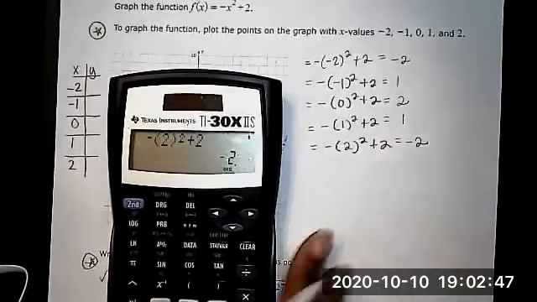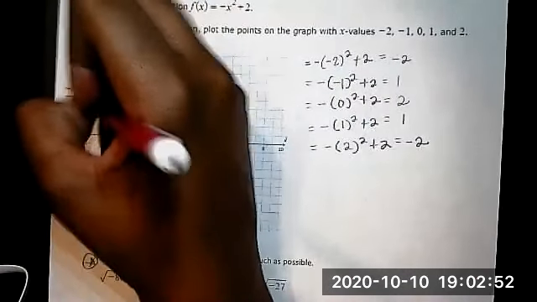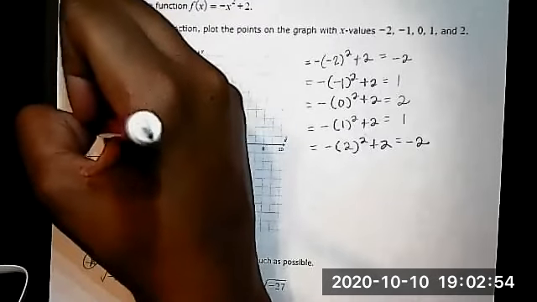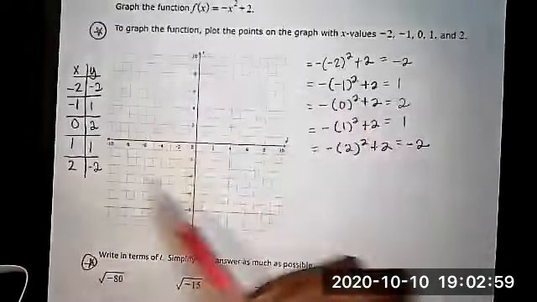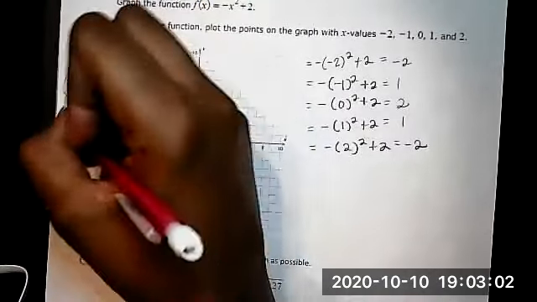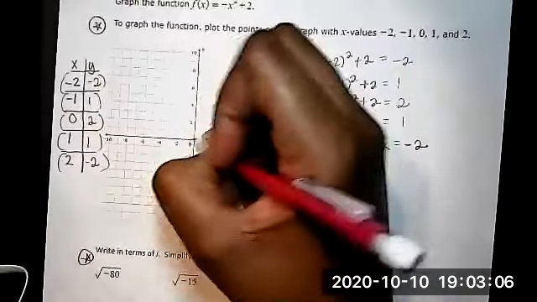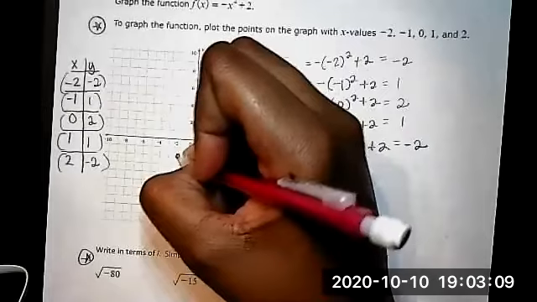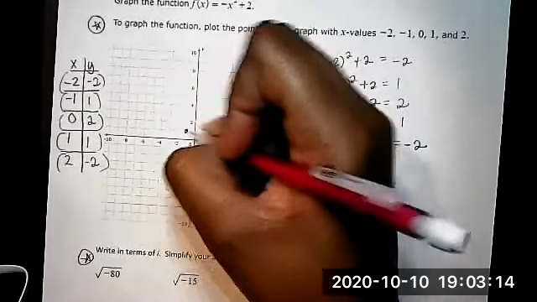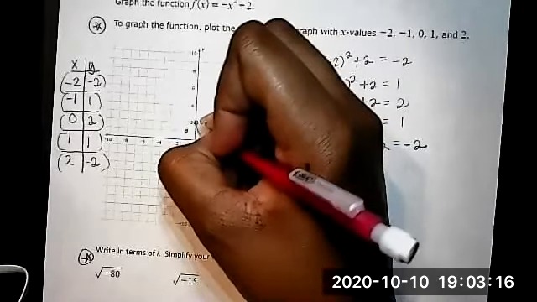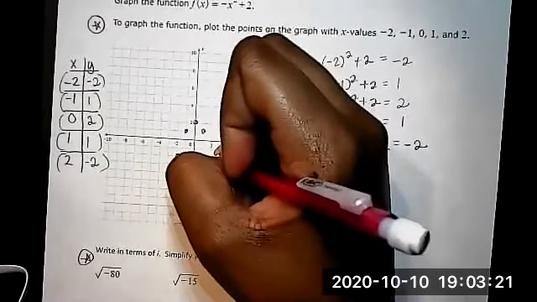So now we have (-2, -2), (-1, 1), (0, 2), (1, 1), and (2, -2). Okay, let's go ahead and plot all of those points and see what our graph looks like. So at -2, we're going to go down. Then -1, positive 1; 0, 2; 1, positive 1; and then 2, -2.